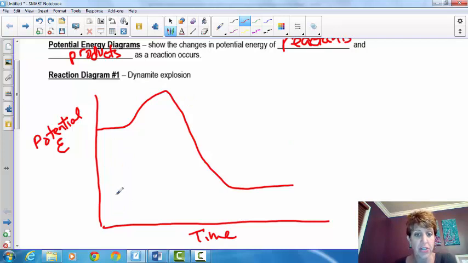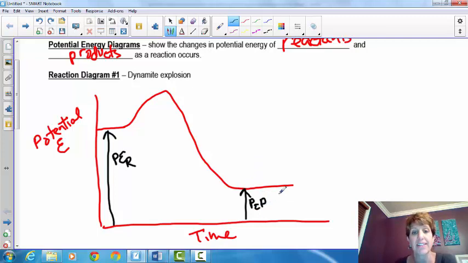So we need to do some labeling now. Let me get a different color here. All right, from here to here up, this is the potential energy of my reactants. And over here, this is the potential energy of the products.